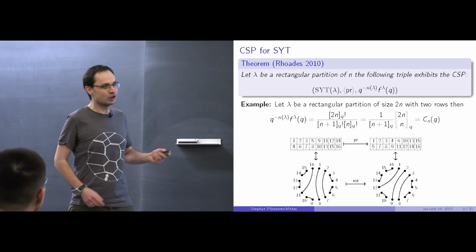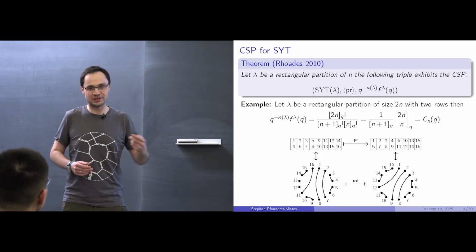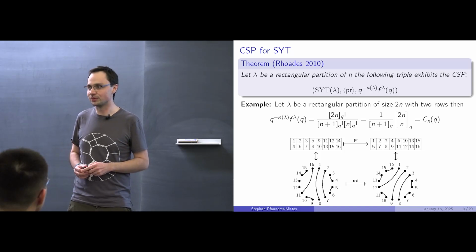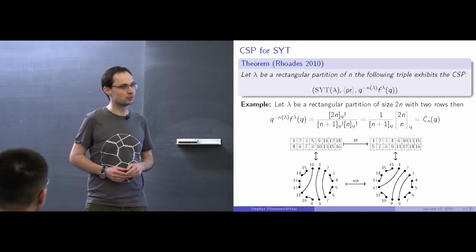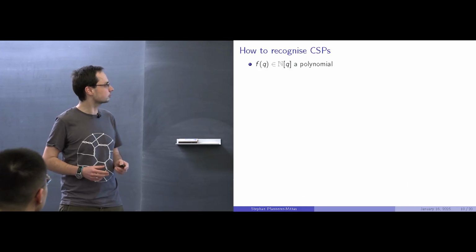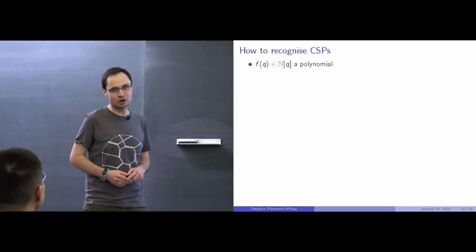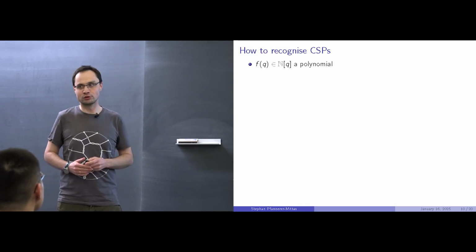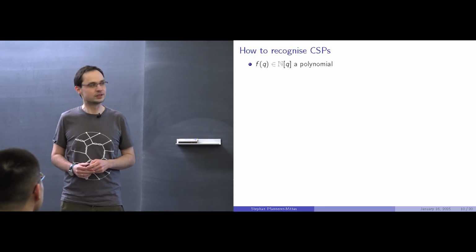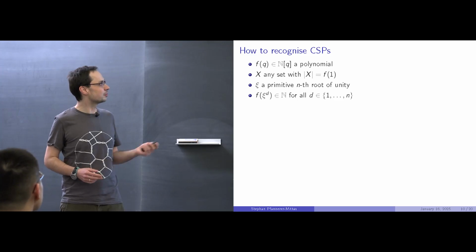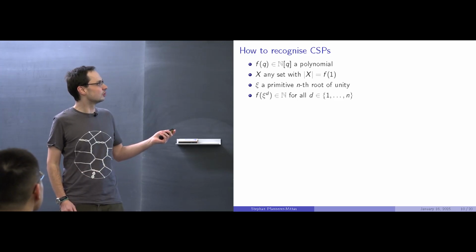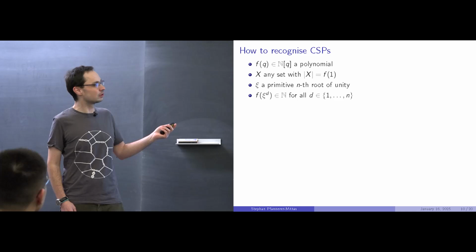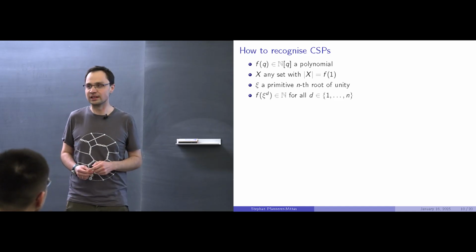So I want to talk now a little bit about what are the properties that the polynomial must have so that it can come actually from a cyclic sieving phenomenon. So how can we actually recognize a cyclic sieving phenomenon? We do need to have some polynomial with integer coefficients and some set, with the only condition that when we plug in 1 into my polynomial, we get the cardinality of that set.